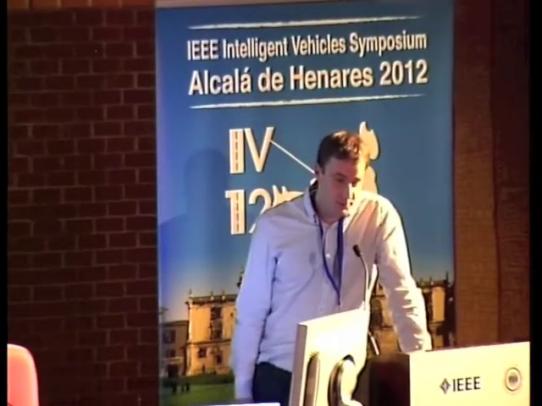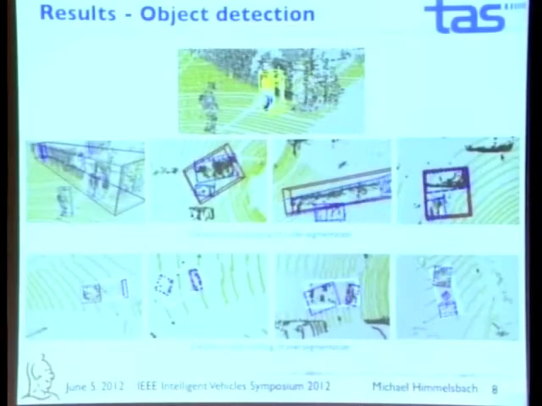So this slide now shows some results of using the top-down information, and it also shows the benefits of doing so. As you remember, the situation of the pedestrian approaching the static structure, you now see that by integrating the top-down knowledge about the tracked object, the tracked pedestrian, we are now able to separate it from the static structure.